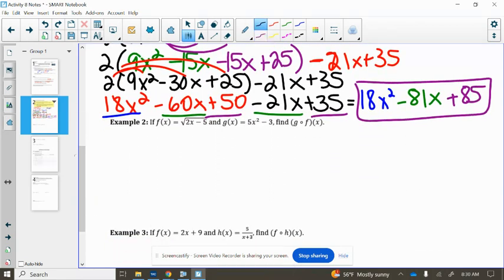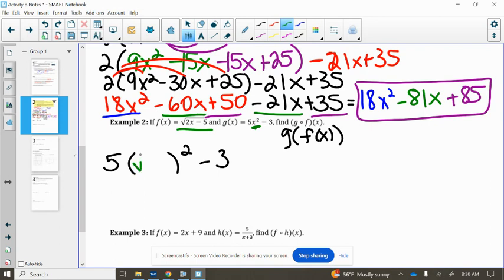In our next example, this time we are being asked for g of f of x. So f of x, again, is going to be that inner function this time. g of x is on the outside. So we have g of x, which is 5x squared minus 3. And anywhere we see an x in this original, we are plugging in square root of 2x minus 5.